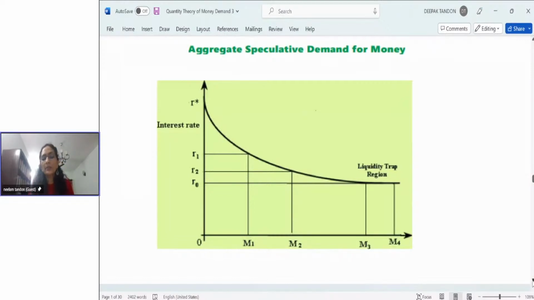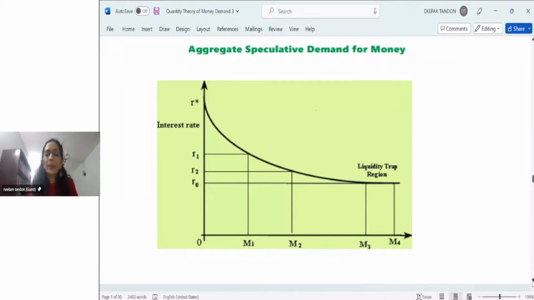Liquidity trap means they were not ready to invest their money and they wanted to keep a whole lot of their money in cash. This is known as a liquidity trap. What is a liquidity trap? Liquidity trap is zero inclination to invest in the market.